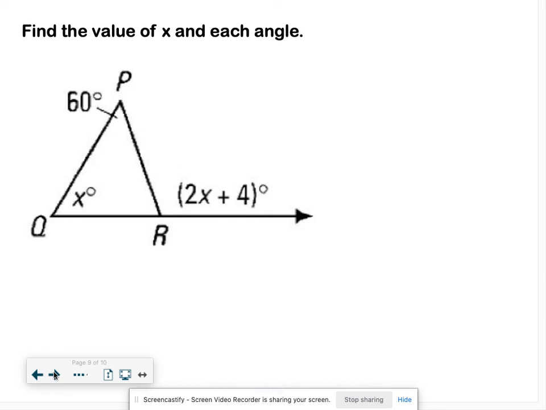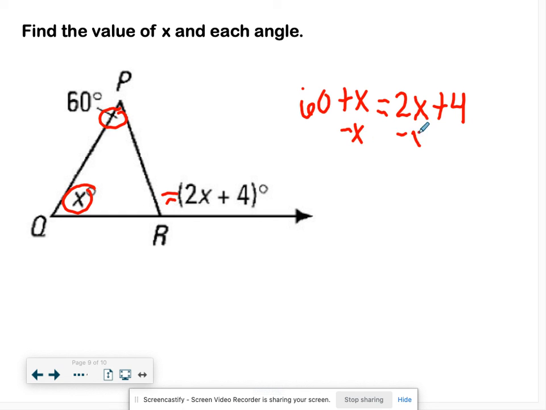Okay, so now let's do this last one using the shortcut. So we just said that this angle plus this one equals that guy. So 60 plus x equals 2x plus 4. Subtract the x over. Minus 4.